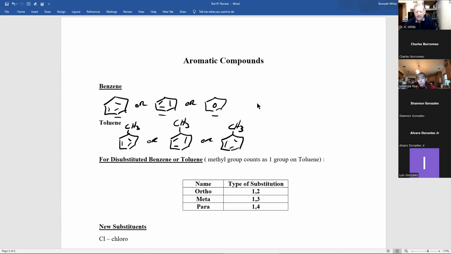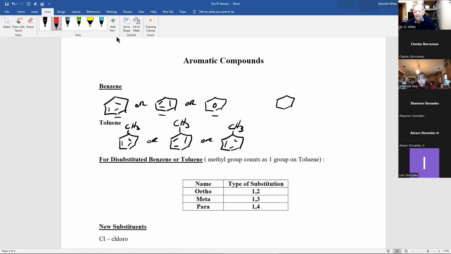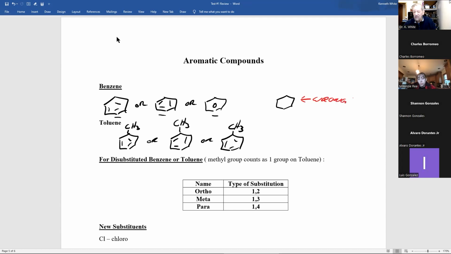If I ask draw the structure of benzene, and you do that, that's wrong. See, it even says it on the screen, because that's cyclohexane. You either have to put the bonds like this or the circle.